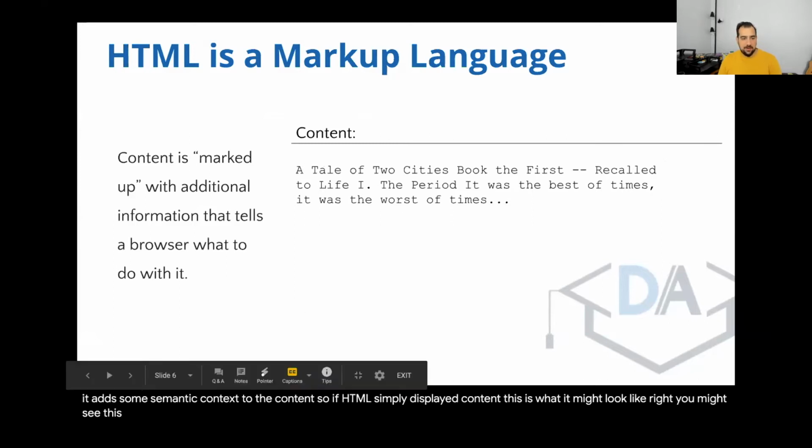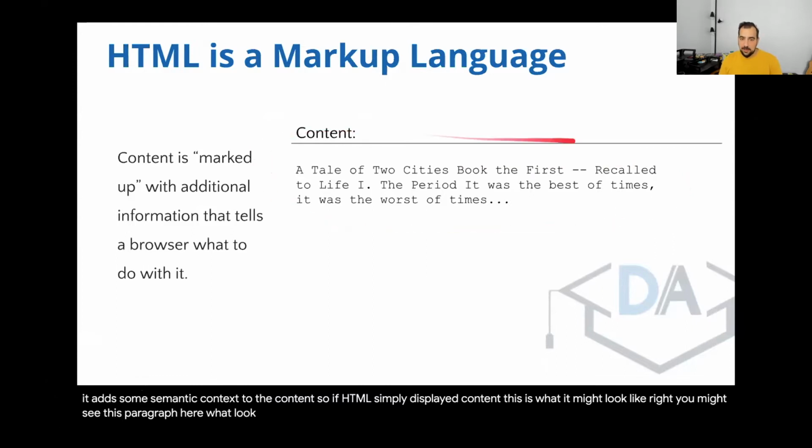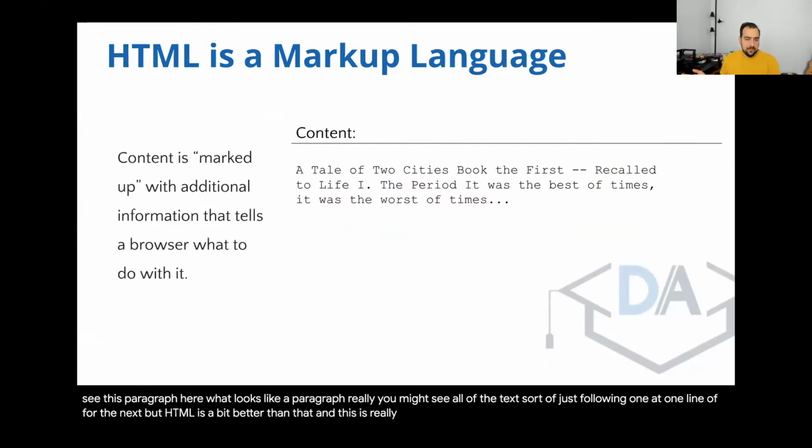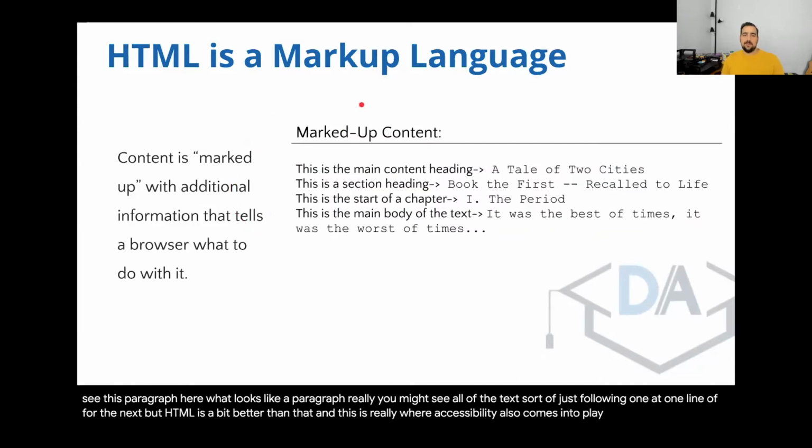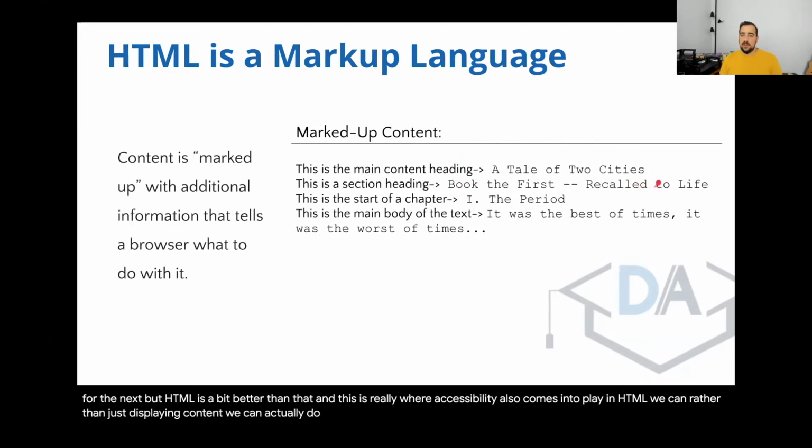You might see what looks like a paragraph, with all of the text just following one line after the next. But HTML is a bit better than that. And this is really where accessibility also comes into play. In HTML, rather than just displaying content, we can actually describe the content. We can say, A Tale of Two Cities, this is the heading for the content.